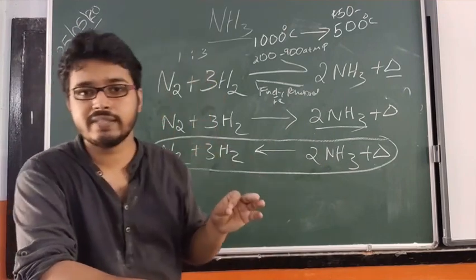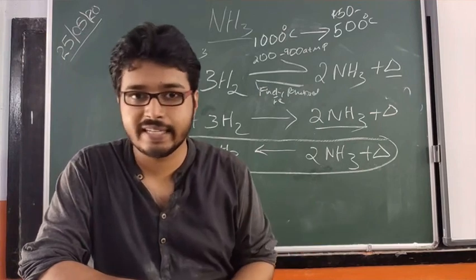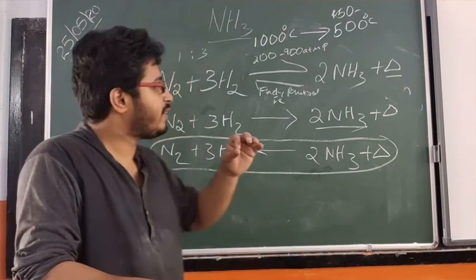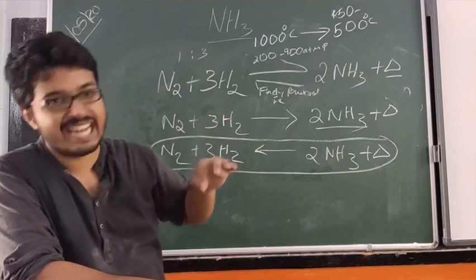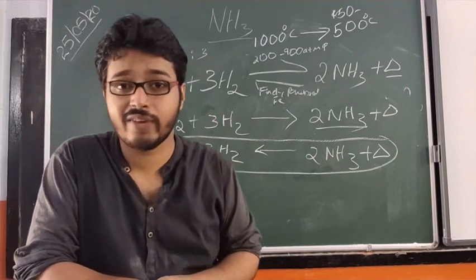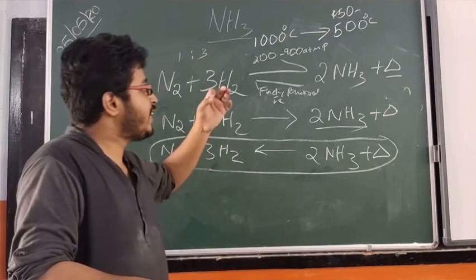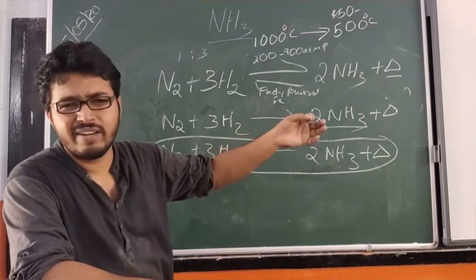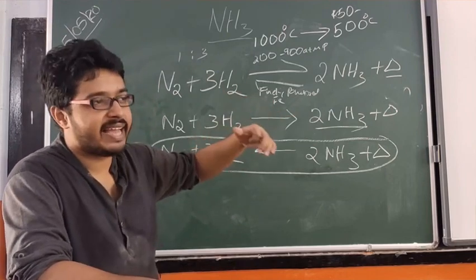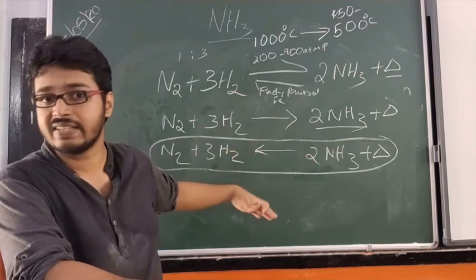So in the Haber process, the optimum temperature is kept at 450 to 500 degrees Celsius. It's not exactly the case, but I am trying to simplify as much as possible for you. If we try to increase the temperature, the process inside the catalytic chamber will undergo the reaction which can decrease the temperature.